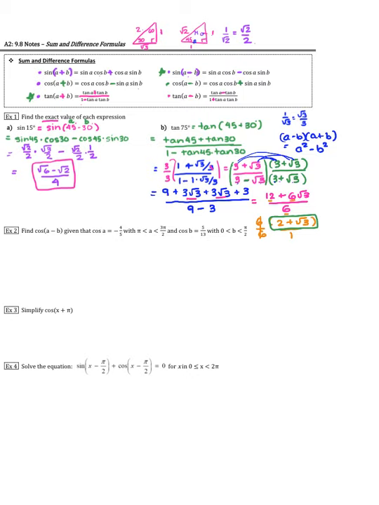Okay, let's look at another example of how we can utilize these. We want to find cosine A minus B given some clues. So the way these clues work is, remember I've talked in other videos about your bow tie problems. So this tells me which quadrant to draw my bow tie.